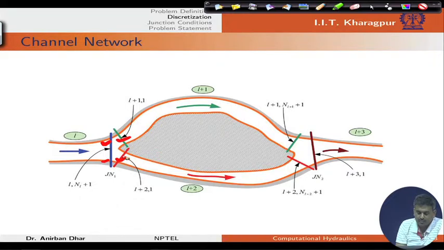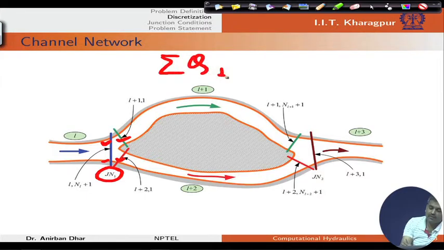So, one condition is that the flow from the left side should be equal to the summation of flow to the right, or if we consider this Jn, or junction number 1, as a general junction, whatever inflow is coming into the system should be equal to outflow.